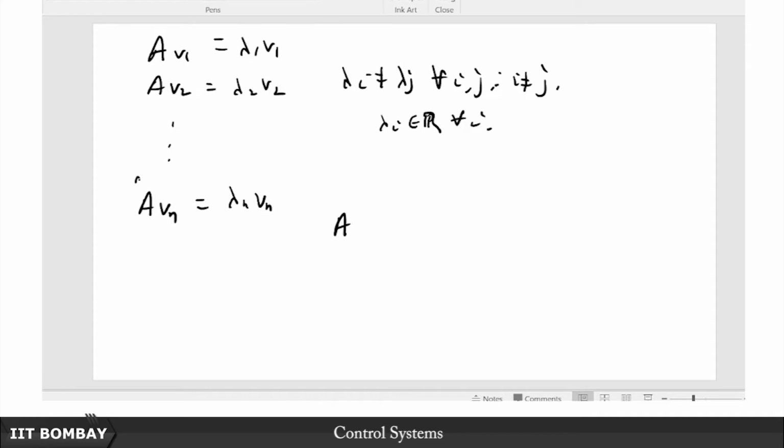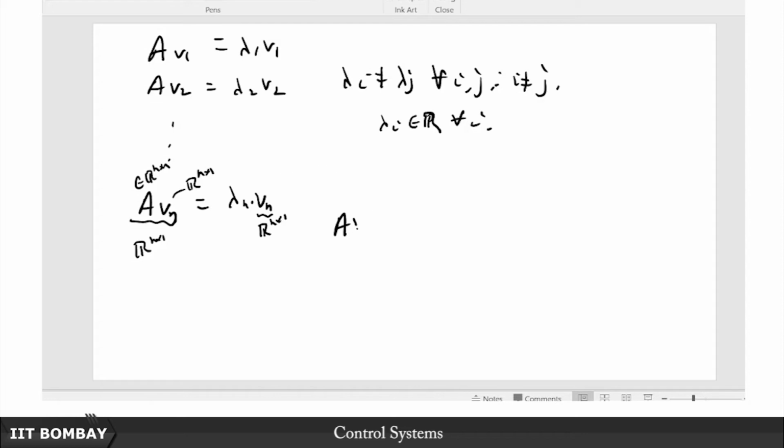Notice that this is n cross n, this is n cross 1, so you multiply them and this entire thing is also n cross 1, and on this side also you have n cross 1. Of course this lambda is just a scaling factor, so it does not alter the size of the vector V, the V1, V2, V3, they are just scalar multiples of V1, V2, V3.